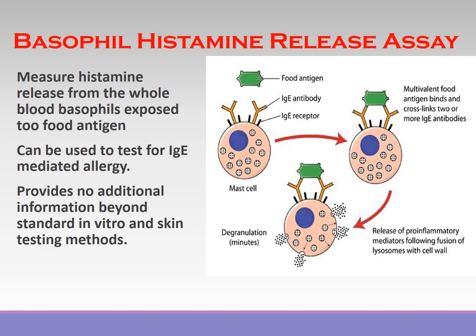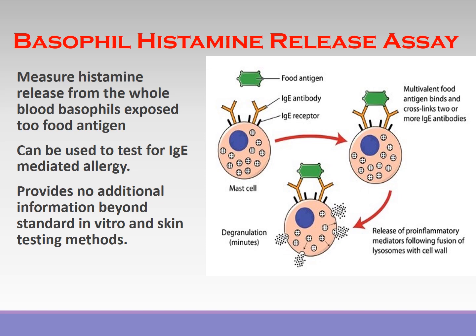Then comes the basophil histamine release assay. It is another test based on the theory of immunoglobulin E. So measurement of histamine is done in the basophils, which are exposed to food antigen.